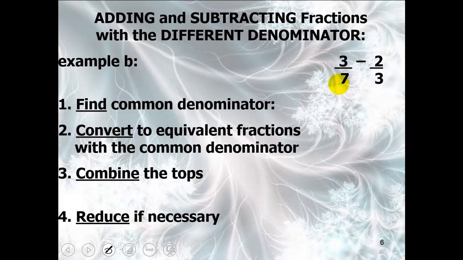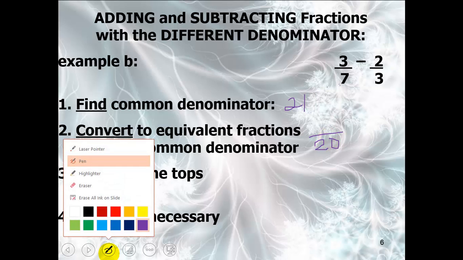Well, with 3 and 7 both being prime, you can jump right to it just by multiplying them together. So 7 times 3 is 21. That's my common denominator. Now I'm going to convert each of those fractions into an equivalent fraction with a common denominator of 21.